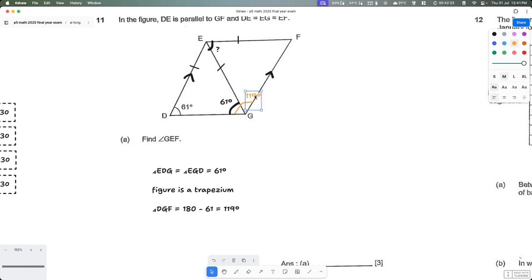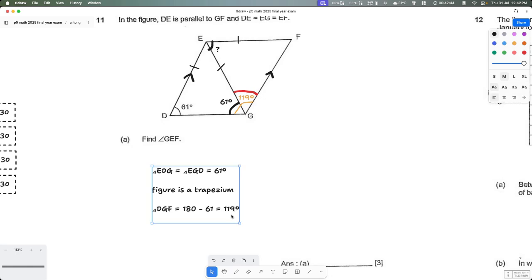So we know this whole yellow line is 119 degrees. Okay, so that means we want to get the red line. If you know the red line, that means we can know the answer to this. My drawing is not that good, so we need to get the red one, which is basically EGF.